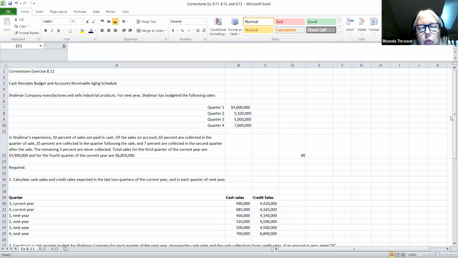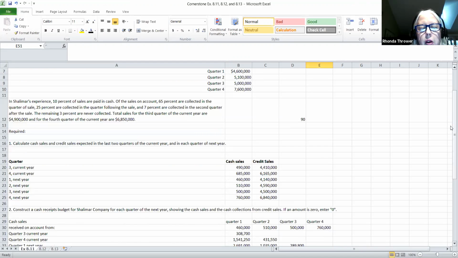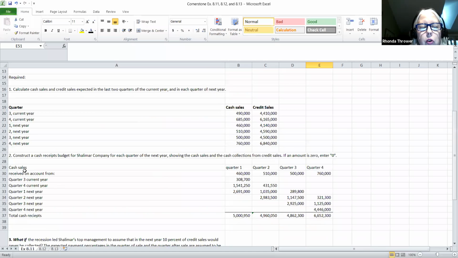Then they want you to construct the cash receipts portion of the budget. And so we're going to start by saying that we had cash sales. Cash sales, remember, were 10% of the total sales. And we already figured that right here.